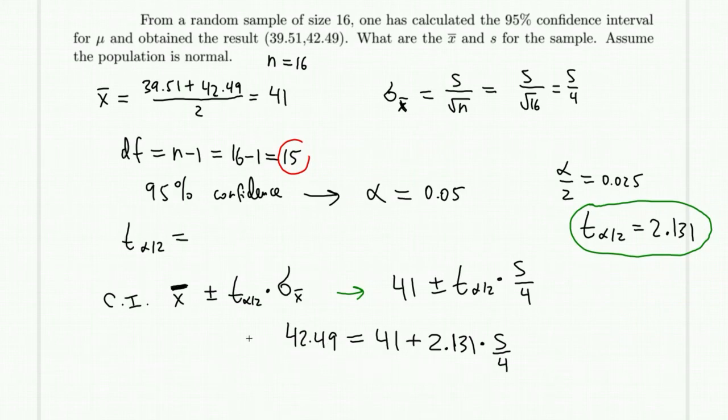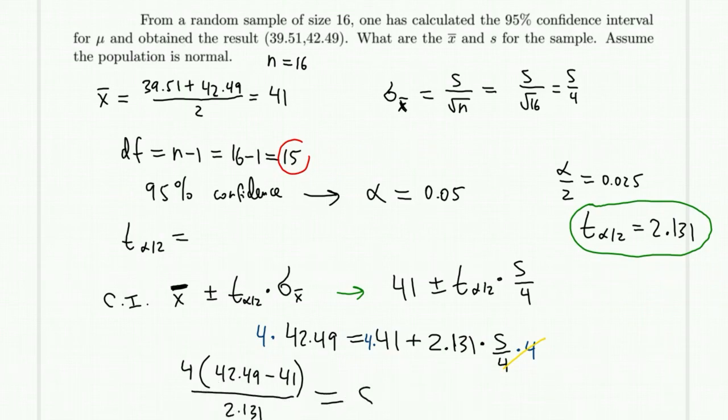So basically, it's going to be relatively easy to solve this. You just have to do some algebra, multiplying both sides by 4 to get rid of this 4. But don't forget to multiply the 41 by 4 as well. Otherwise, you're going to get a wrong answer. But basically, you should get 4 times (42.49 minus 41), and then divide this whole thing by 2.131, and you should get your s value.